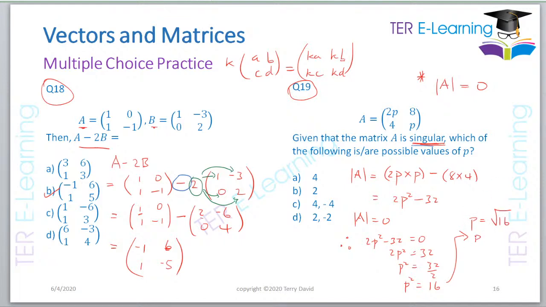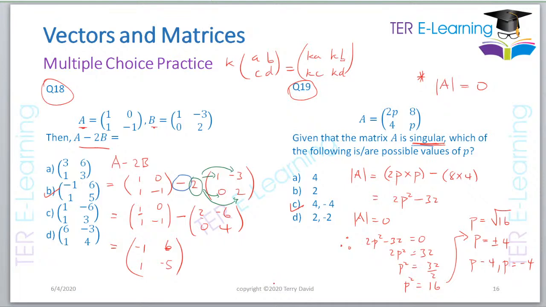But what I've told you all on many occasions, the square root of any number is plus or minus. So it's plus or minus 4. So therefore the answers are P is equal to 4 and P is equal to minus 4. There are 2 answers for this question, right? So therefore the answer has to be C. So the answer is C for this one, all right?